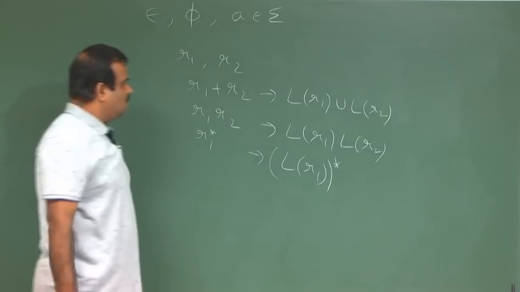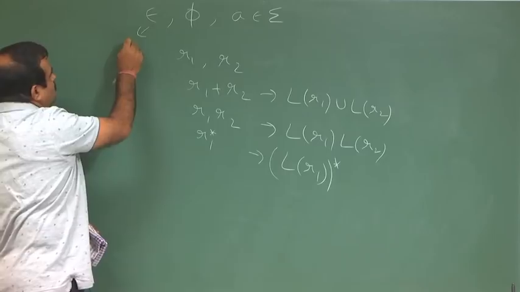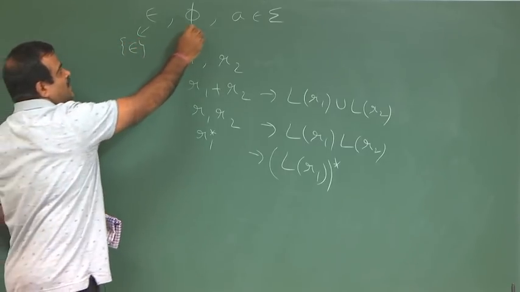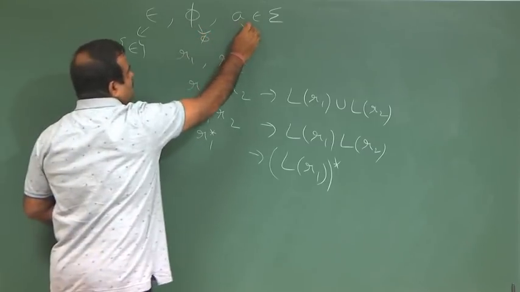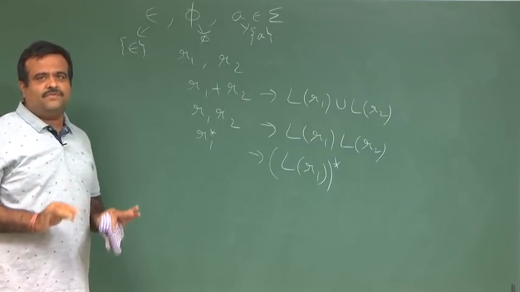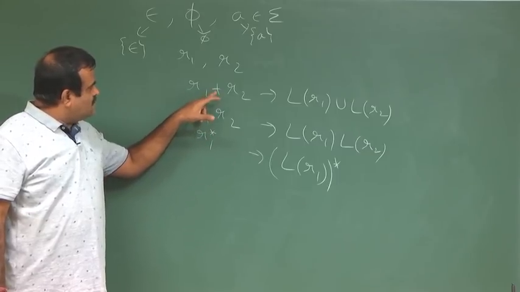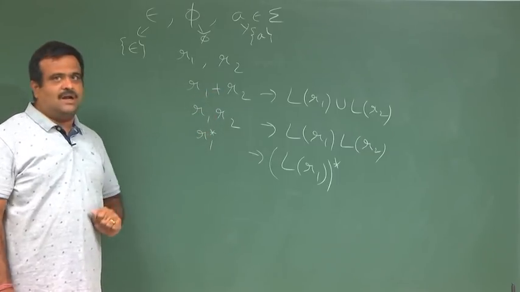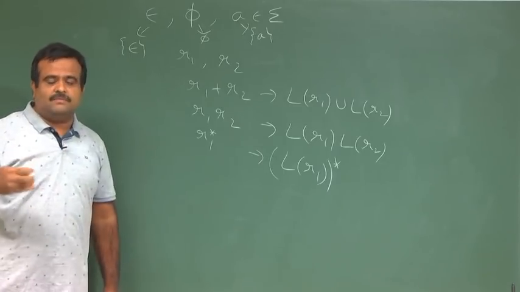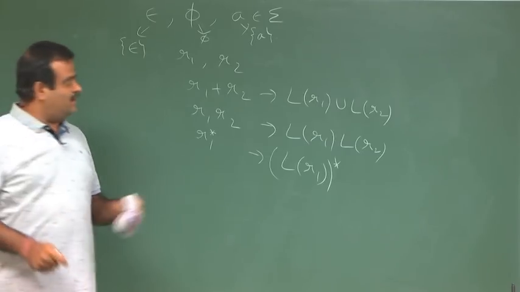This is the recursive definition, and the base case languages are: the singleton set epsilon, the empty set, and the singleton set A. Now these are operators: concatenation, plus and star. Okay.